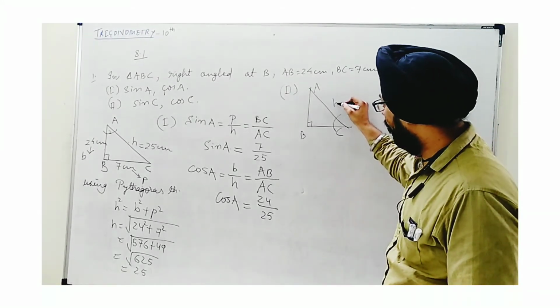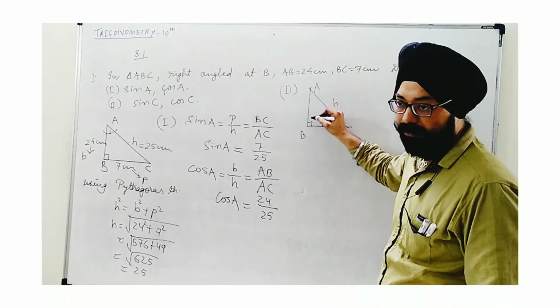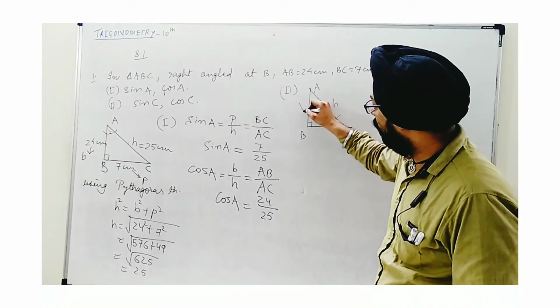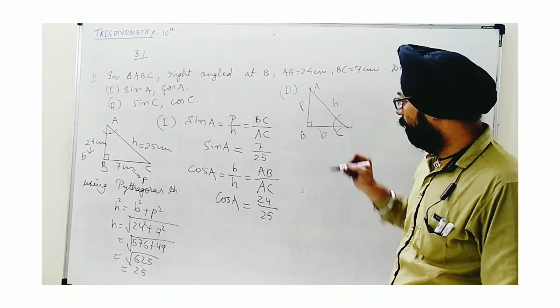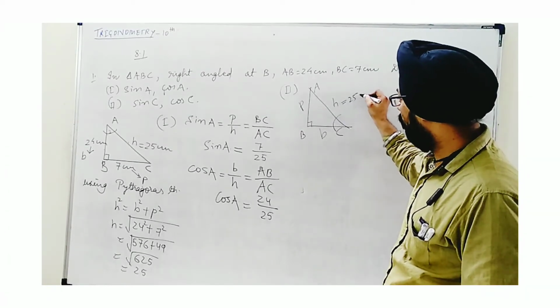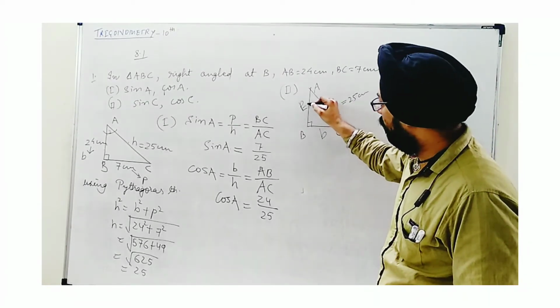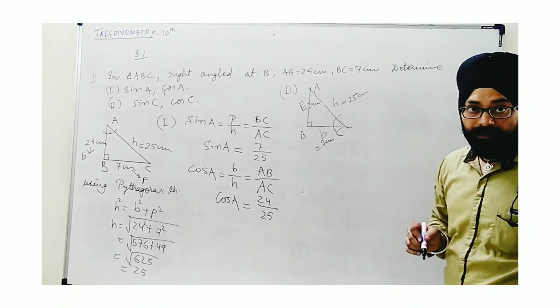H is as it is, opposite to C this side is the opposite side, perpendicular P, and adjacent to C this will be known as base B. Values will remain as they are, no change. H is 25 centimeter, P is 24 centimeter, and base is 7 centimeter.